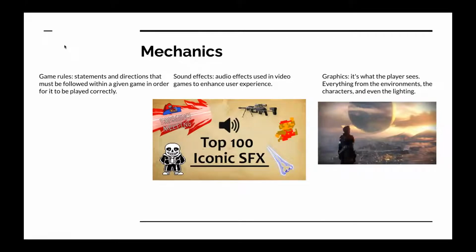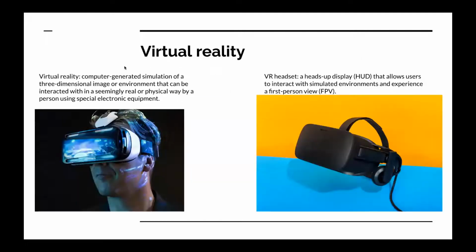And then you have sound effects, which are audio effects used in video games to enhance user experience. And then we have one of the most important things, which is graphics. Graphics is what the player sees, everything from the environment, the characters, and the lighting. So that's graphics. Now, Ethan, you want to cover this?